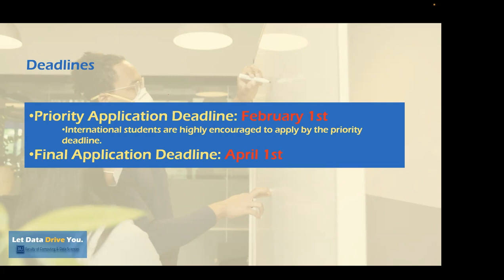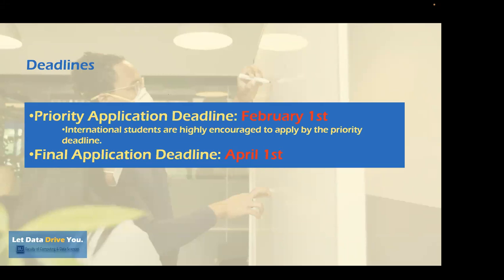But if you can't get your application ready, apply by April 1st, because we'd rather have a ready application than a rushed one. Okay. Any other difference? The application review process will remain the same. We're not looking at things differently, but if you apply by February 1st, we haven't admitted anyone yet.